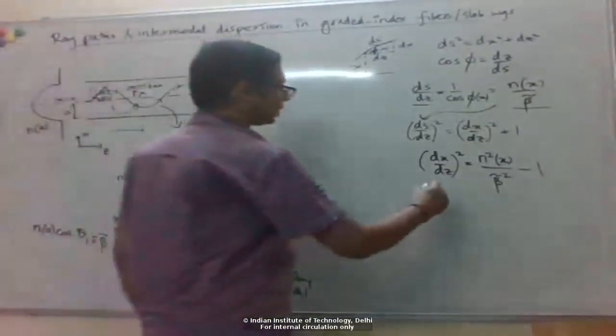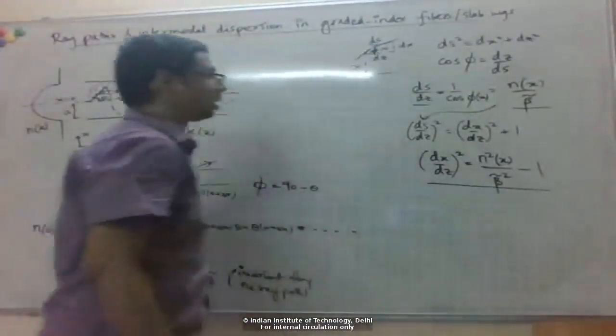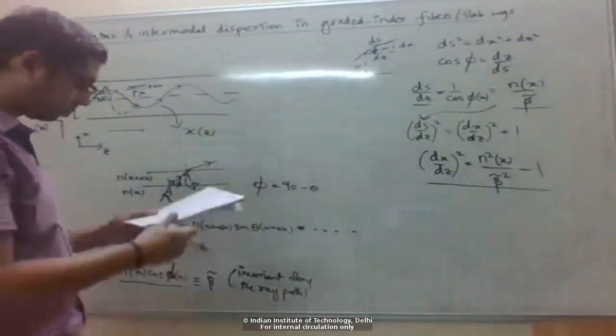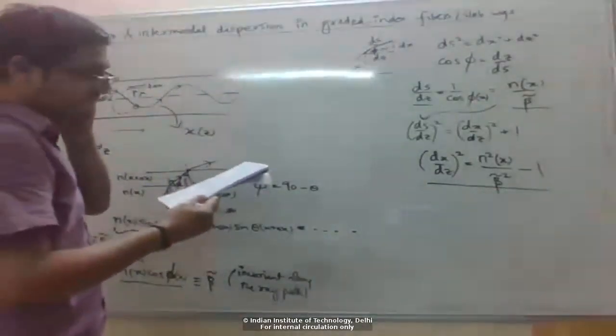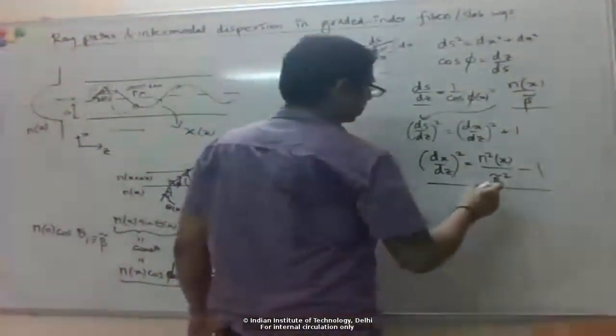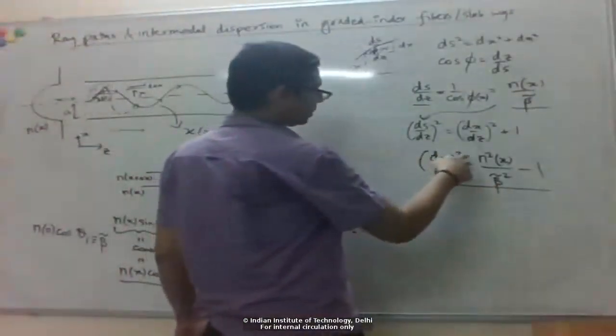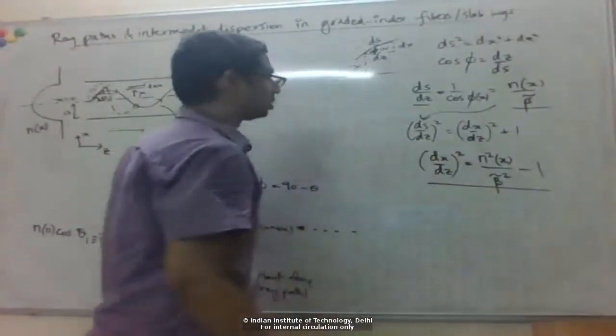Okay, so from here, first thing to notice is that the left hand side is a positive quantity because it's square.